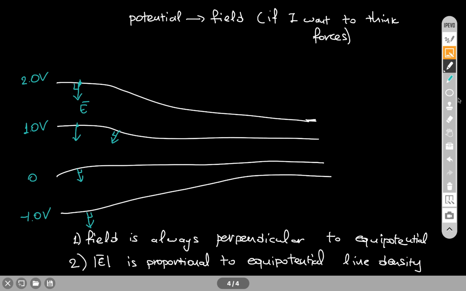Now, what does that mean? Let's say I'm going to do it here. I know that the electric field will point more or less in this direction, and I know it's going to be perpendicular to that.